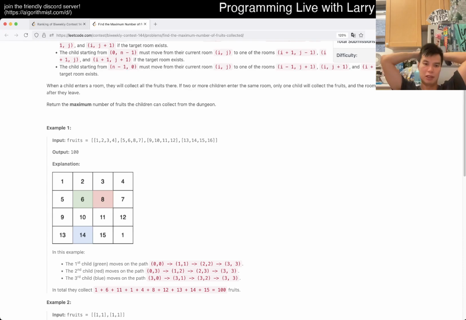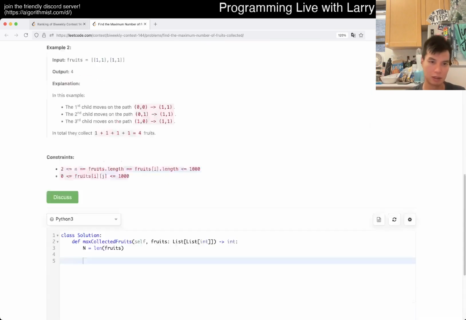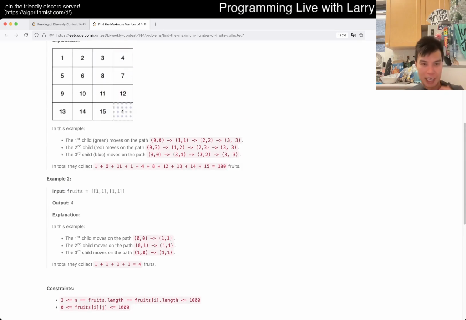Can I bound that a little bit? Well, you cannot go beyond the diagonal. Oh, because you cannot go below the diagonal. The moves are independent. Okay, yeah, I should have gotten this. You always miss the diagonal anyway.